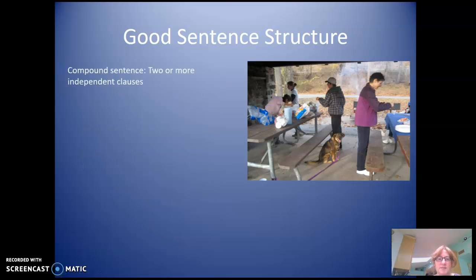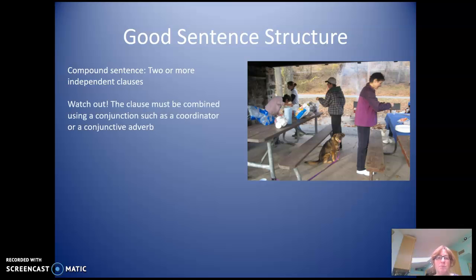So we have more good sentence structure, compound sentences, two or more independent clauses. But be careful, watch out. The clauses must be combined using a conjunction such as a coordinator or a conjunctive adverb. The family is preparing food, comma, and the puppy is hoping to eat the food.